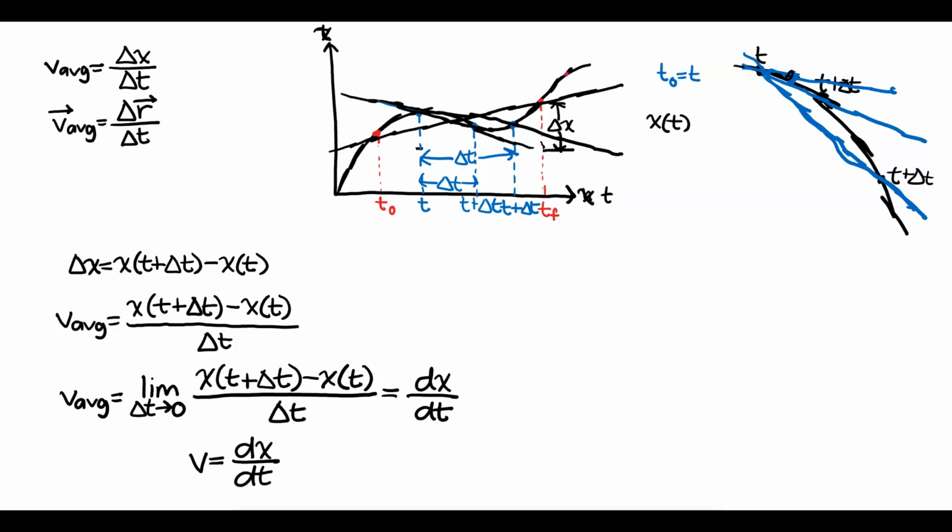So if we were to try to find the instantaneous velocity here, it would just be the slope of this tangent line over here. So on and so forth for any point. So we no longer need an initial time and a final time, because by limiting the time interval to 0, we were able to find an expression for the instantaneous velocity, which is just the derivative.